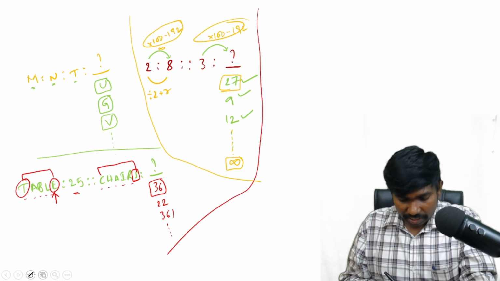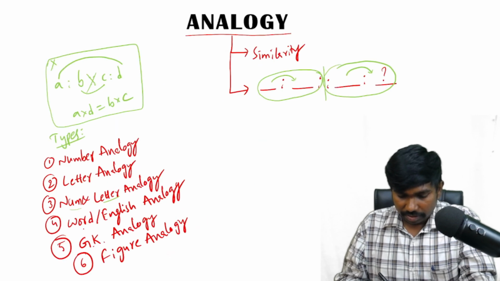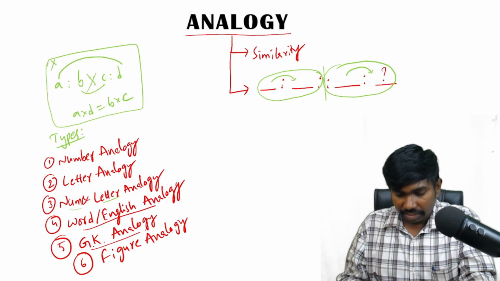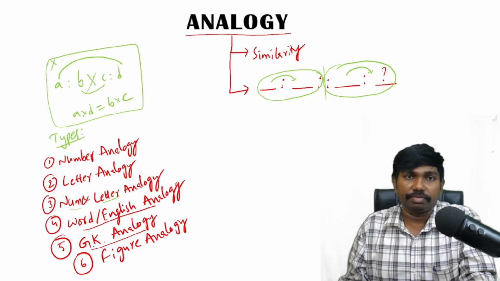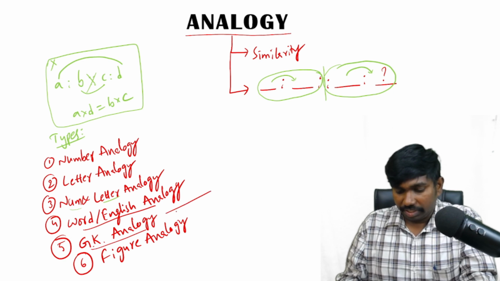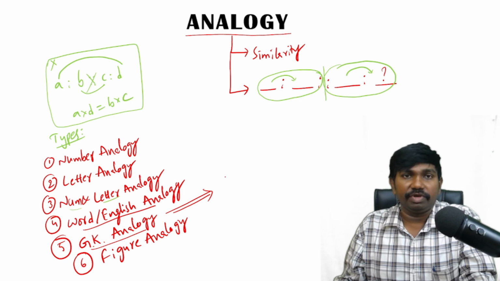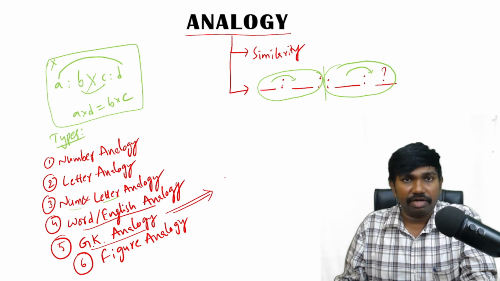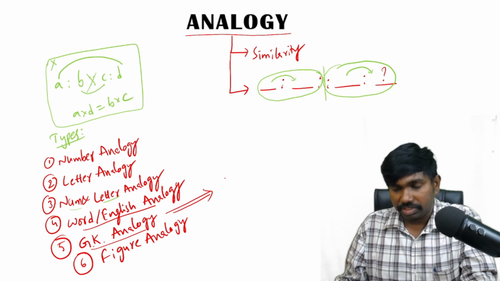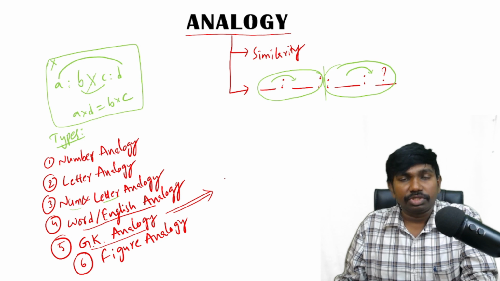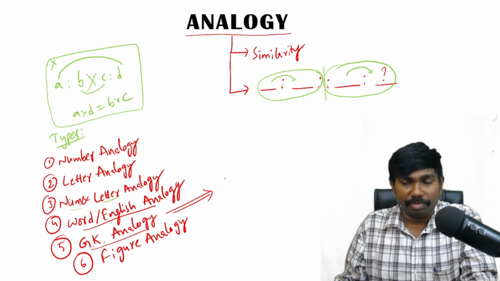How can the questions be asked based on this? English subject based analogy and GK analogy, right? In GK, the question can be from anywhere: current affairs, general standard GK, social studies, science, physics, chemistry, biology, geography, economy, politics.